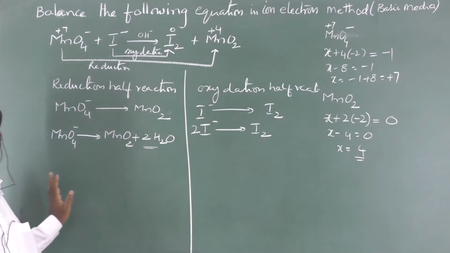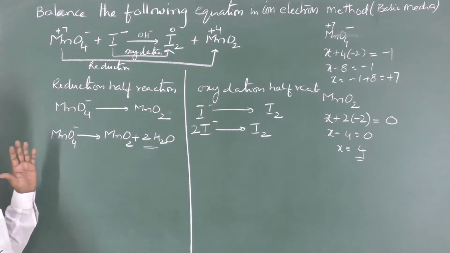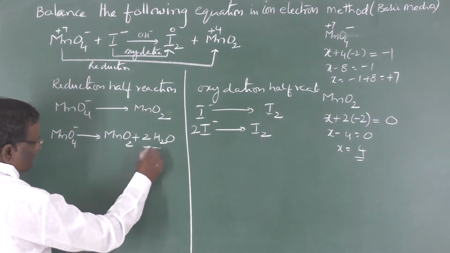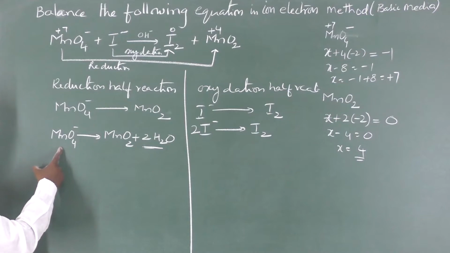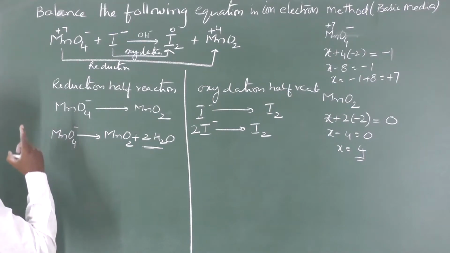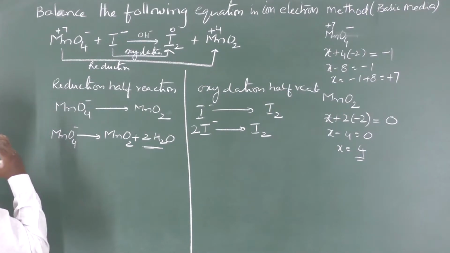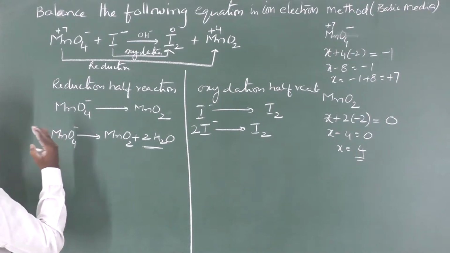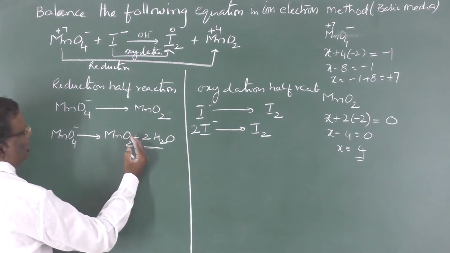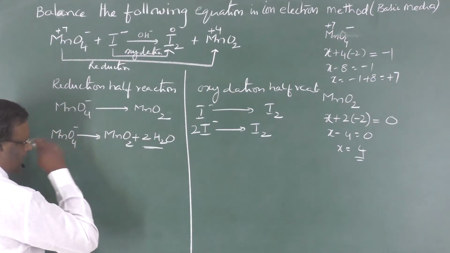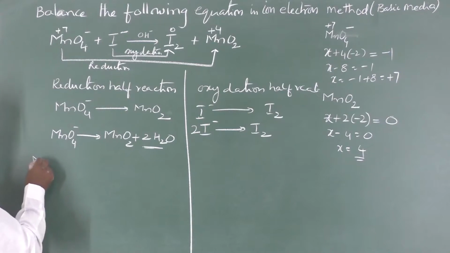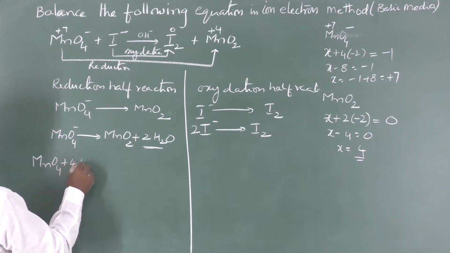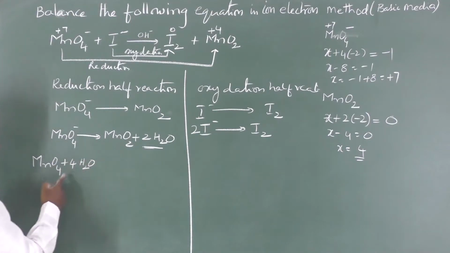This method which I am going to explain is the easiest way and non-confusing. Because here 4 hydrogens are there, and on this side there is no hydrogen. While balancing hydrogens, you have to add H2O molecules to the deficient side and the same number of OH minus ions on the opposite side. Here 4 hydrogens are there, so you have to write 4 H2O on the deficient side.